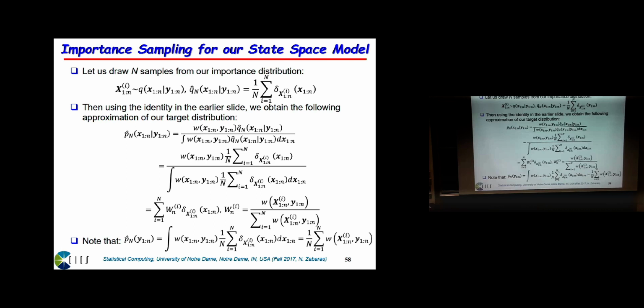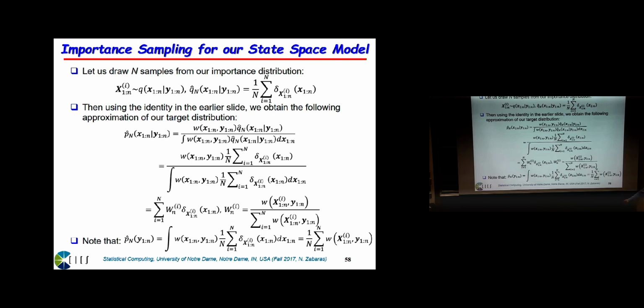All right. If you cut and paste the previous calculations, literally this is what I have done. I can write the Monte Carlo approximation of the posterior as this delta function summation, where I have capital N samples, and each sample is x1 to xn, with weights that correspond to little w's divided by the summation of all the w's.